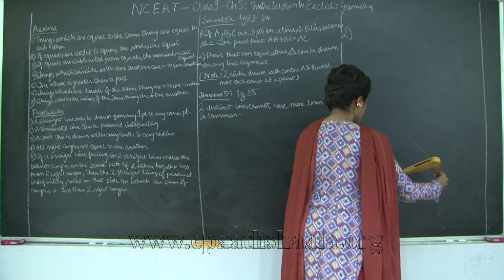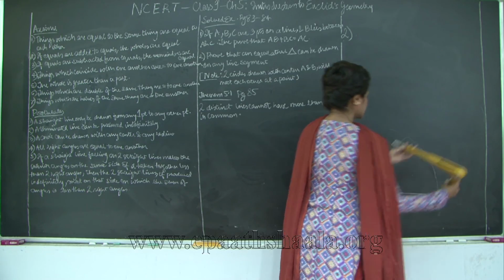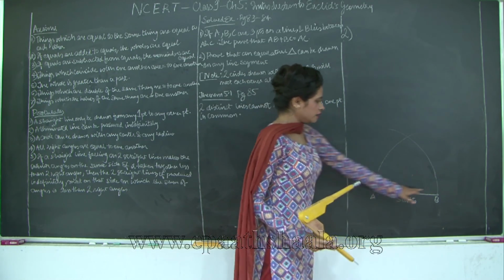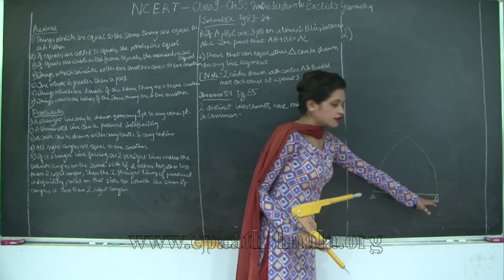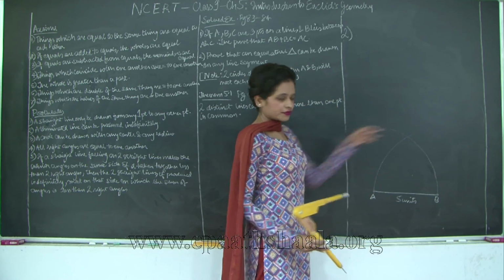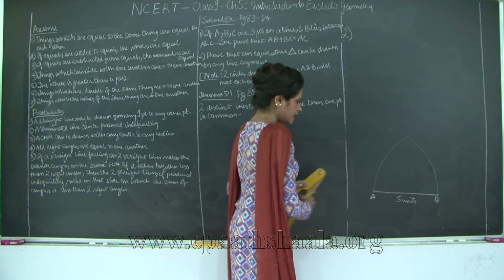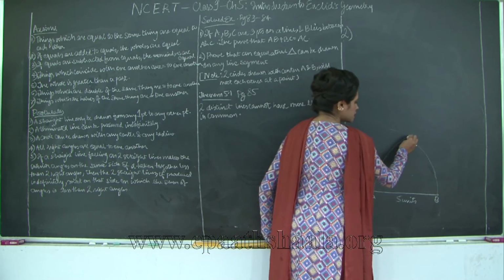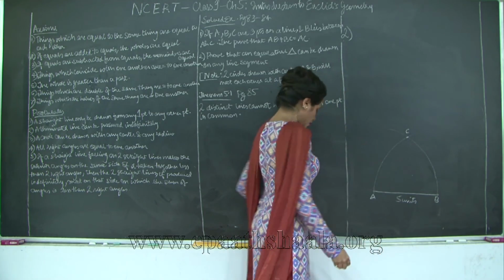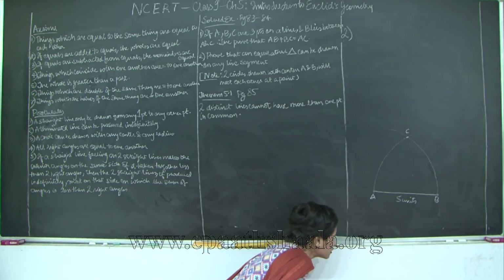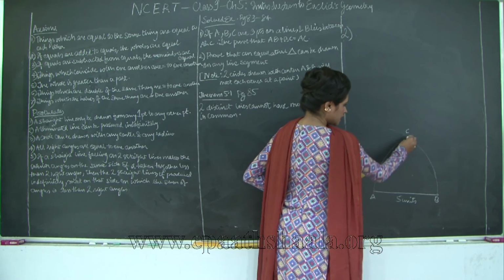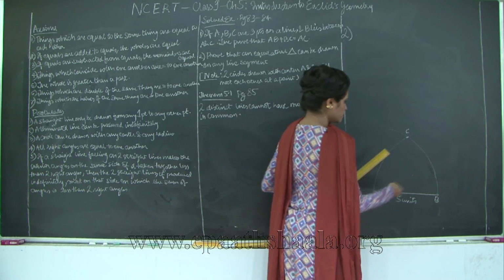Not a semicircle, I am just going to cut arcs like this, so that there is an arc through A from B and there is an arc through B from A, and they both meet at a point here. I will call this point C. Now I will connect C to A and C to B.